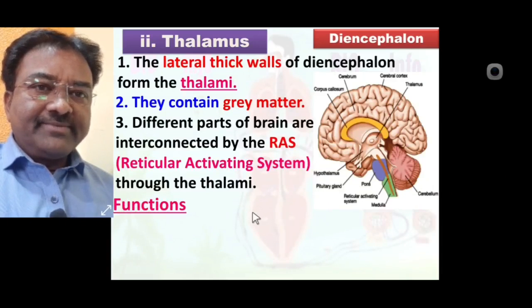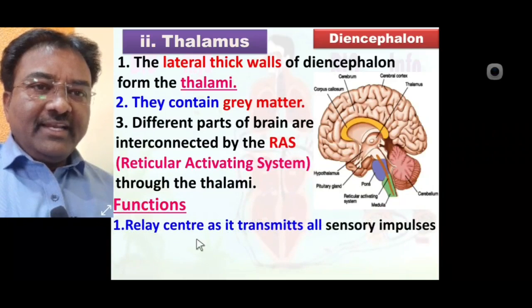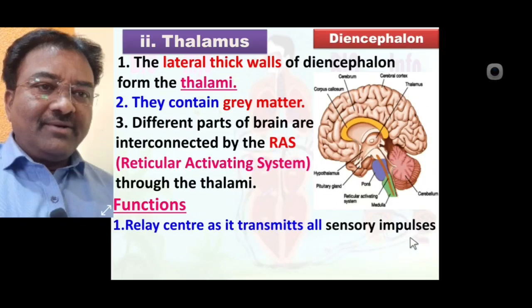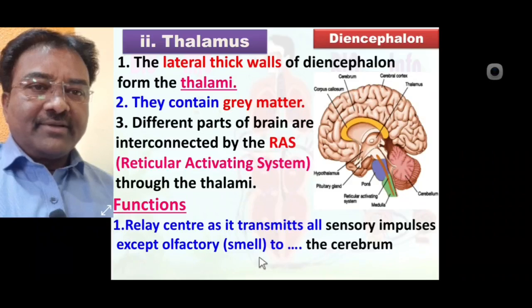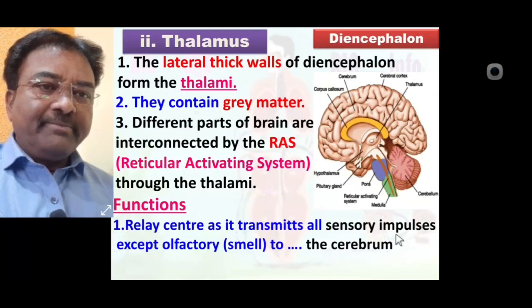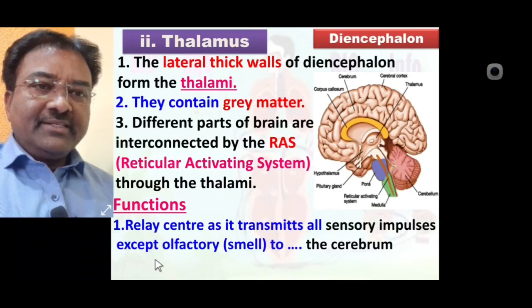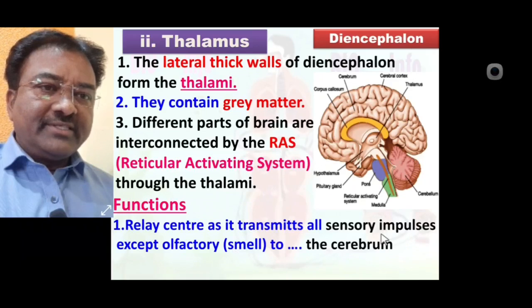Thalamus functions as a relay center, transmitting all sensory impulses except olfactory smell to the cerebrum.